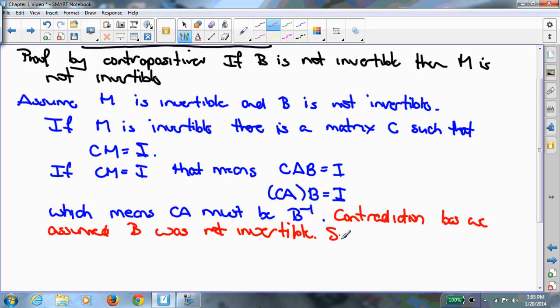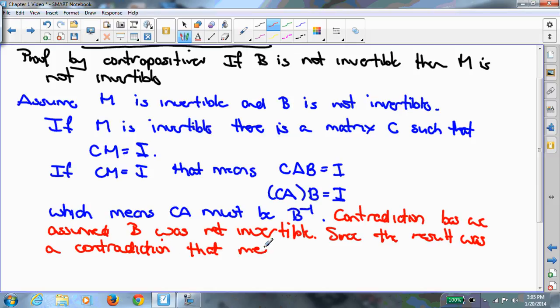Since the result was the contradiction, that means M can't be invertible.